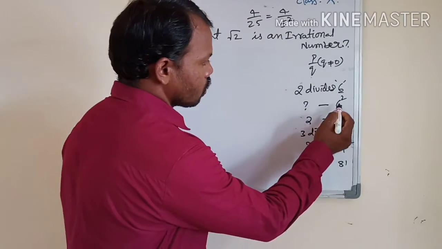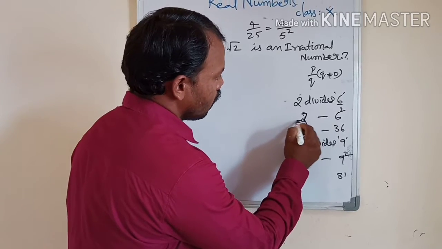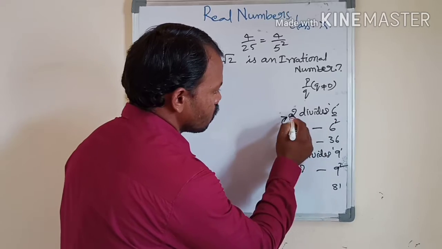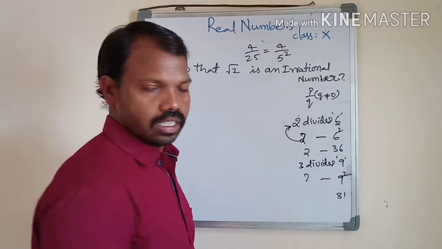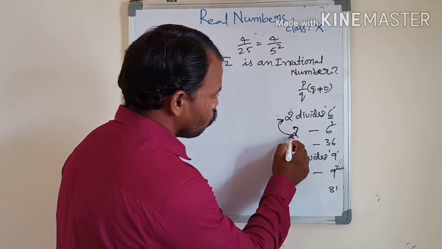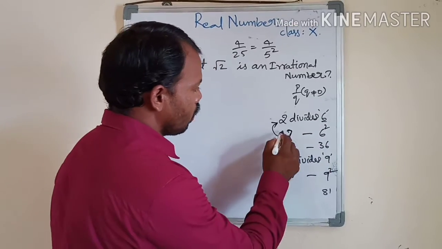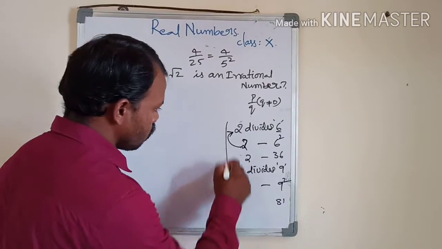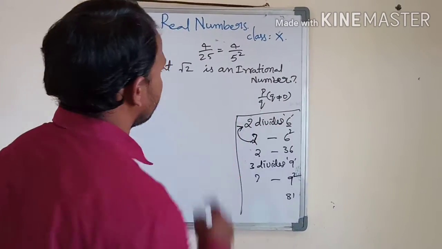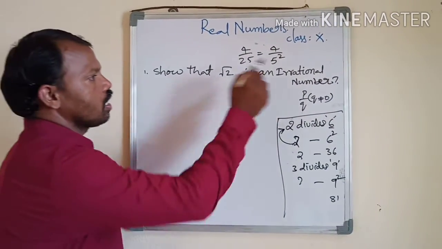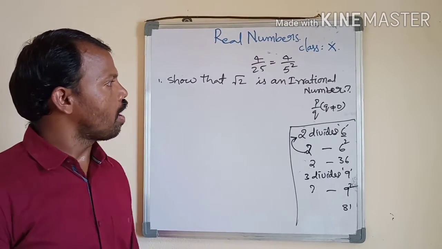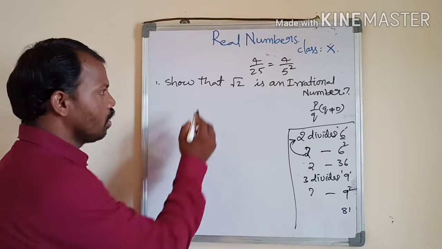So 2 divides 6 square, then it also divides 6. Based on this, we will prove this. Root 2 is an irrational number; we can't prove it directly, so we have to take a contradiction.